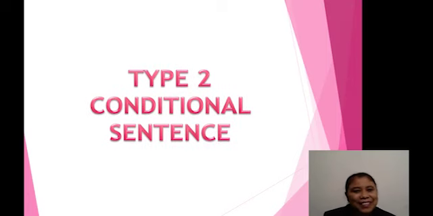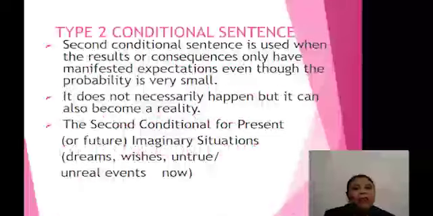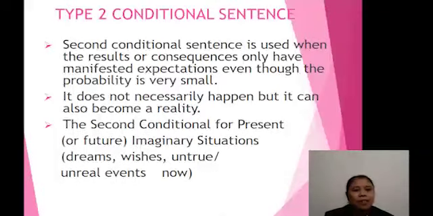Okay, students, English learners, we are now in the type 2 conditional sentence. Let's find what type 2 conditional sentence is. The second conditional sentence is used when the results or consequences only have manifested expectations, even though the probability is very small.